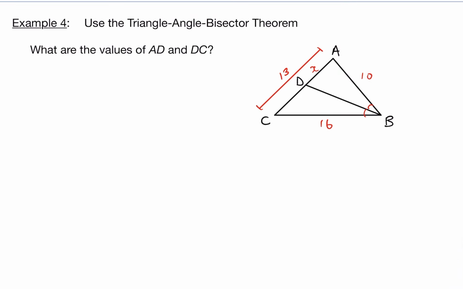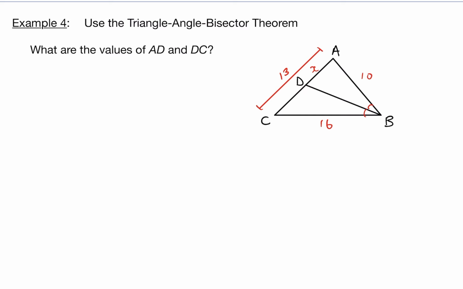Here we have triangle ABC, and we have a segment that bisects angle ABC exactly in half, so this angle here is the same as this angle here. The question is, what are the values of AD and DC?